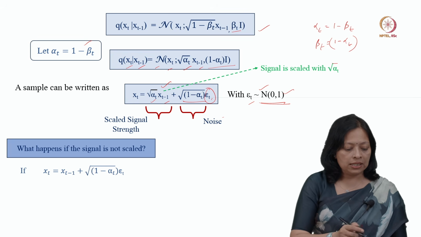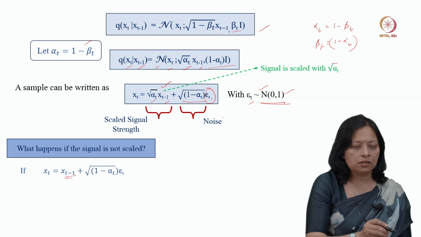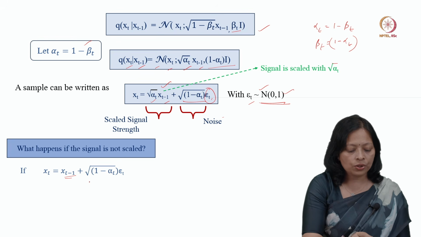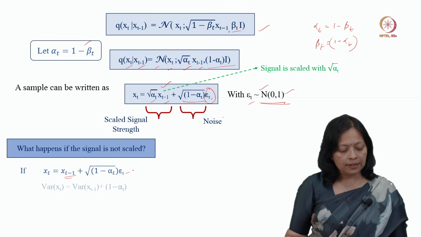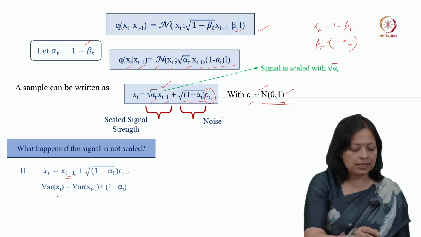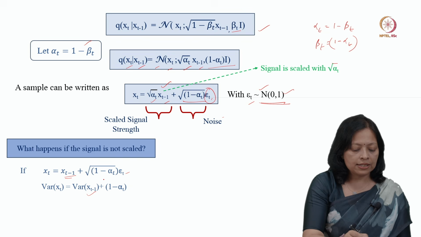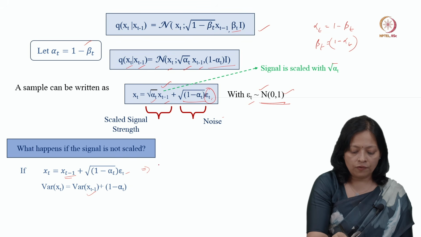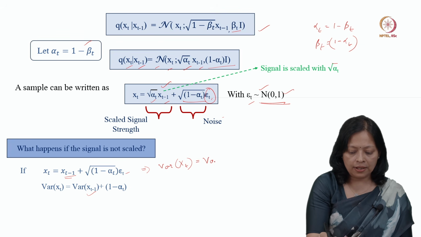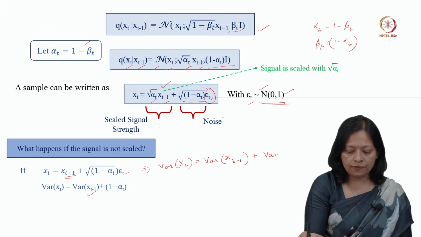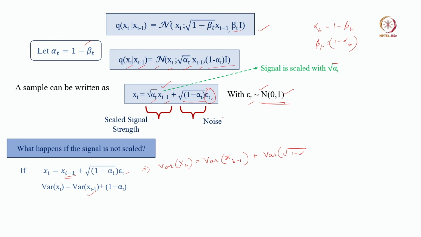Now, if I have x t equal to x t minus 1, which is my complete previous image, plus square root of 1 minus alpha t into epsilon t, then what happens? If I take the variance of x t, I can write it as the variance of x t minus 1 plus the variance of this term. So, variance of x t equals variance of x t minus 1 plus variance of square root of 1 minus alpha t into epsilon t.